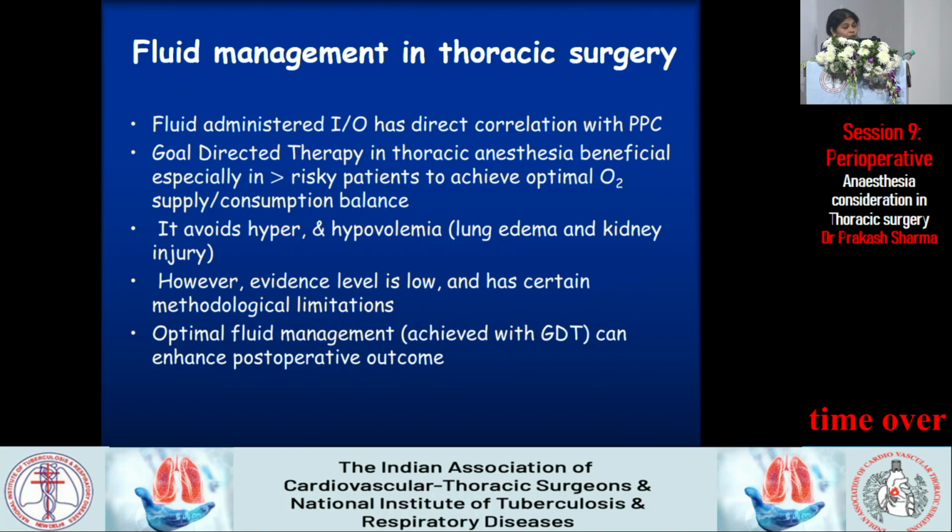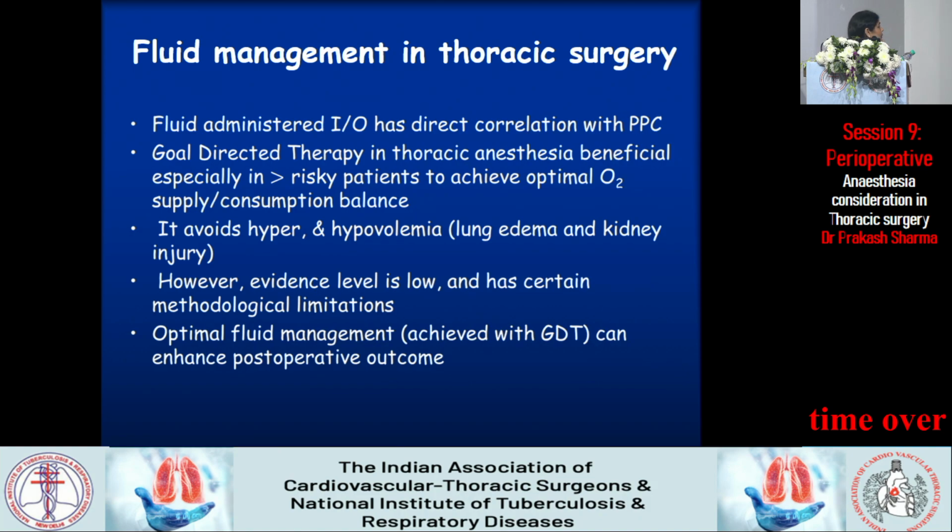The fluid management in thoracic surgeries is very, very important. It has been seen that the fluid which is administered has a direct correlation with the postoperative pulmonary complications. So what we follow is a goal-directed therapy in thoracic anesthesia, which is beneficial especially in more risky patients, so that we can achieve an optimal oxygen supply and consumption balance.